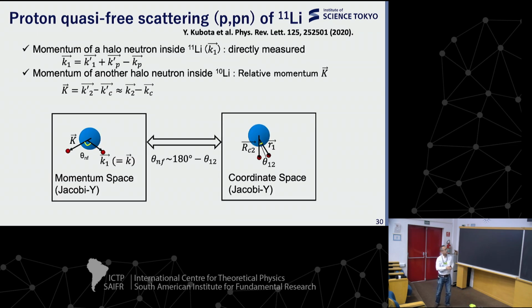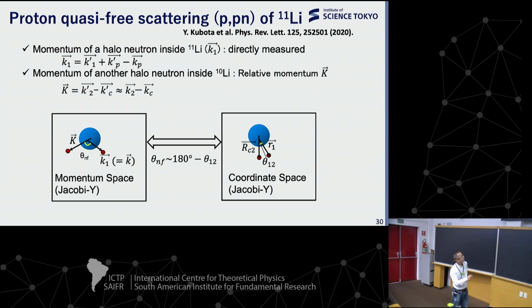So this means that now we can measure the angular correlations here, like this. As I said, we measured K1 and also large K. So in the Jacobi coordinate, in the momentum space, we actually measure the angle between this K1 and large K. And this is the conjugate of the coordinate space like this.